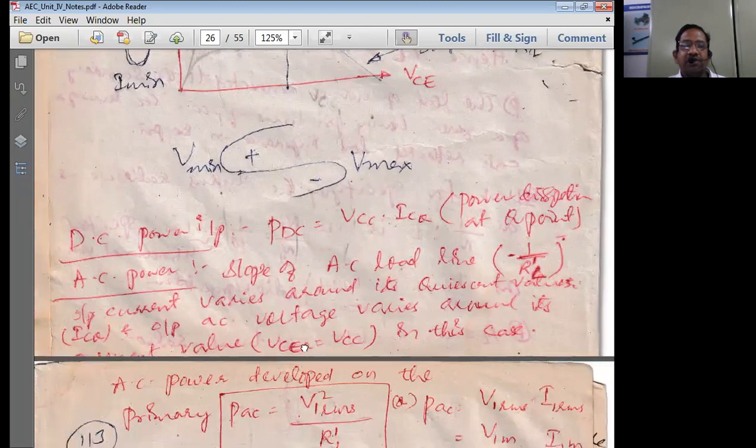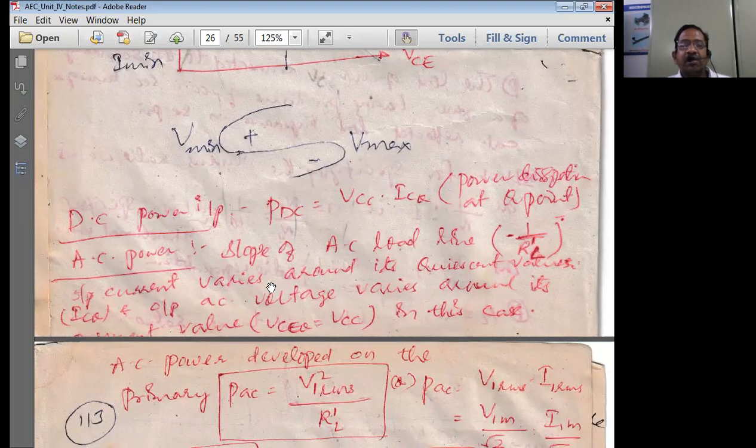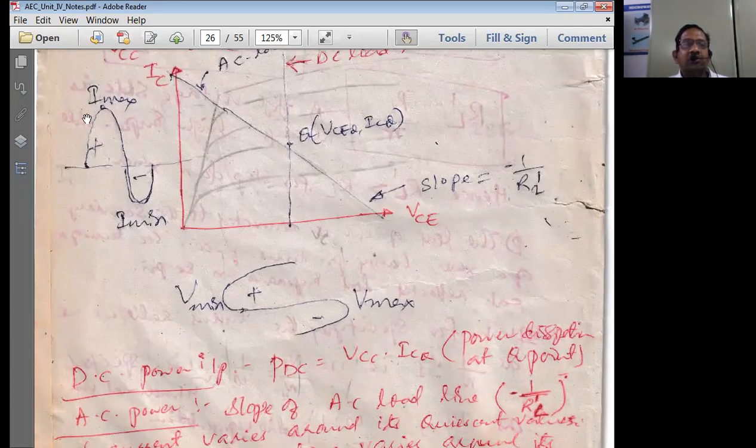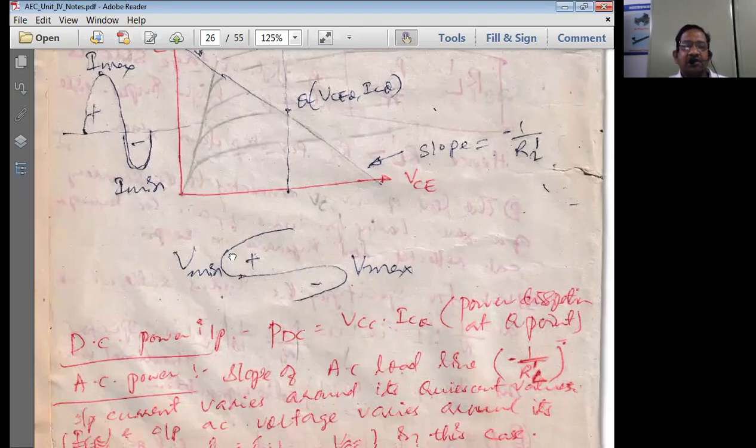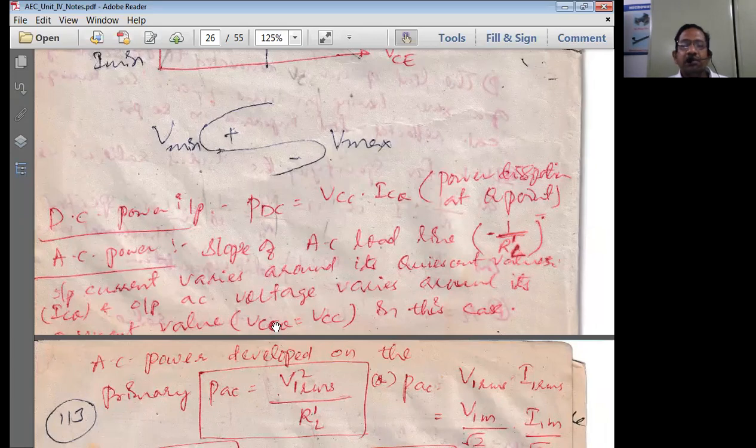If you observe this carefully, the output current varies around its quiescent value. Output current is going to vary around this quiescent value ICQ. This horizontal line, the zero line, is nothing but the ICQ line for us. So on this, output is going to make the excursions. That means output is going to vary with respect to the ICQ current, that is a DC current.